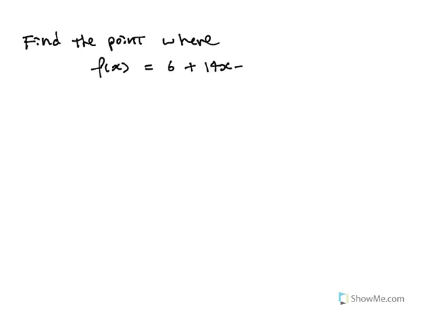So here's a couple of questions you might be asked. Find the points where f of x equals 6 plus 14x minus 2x cubed has gradient equal to negative 10.